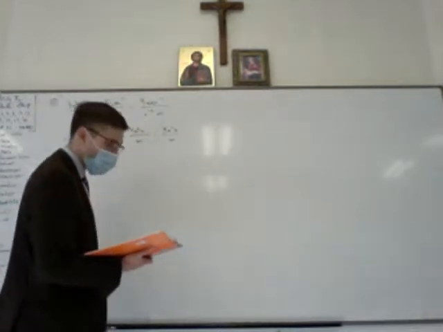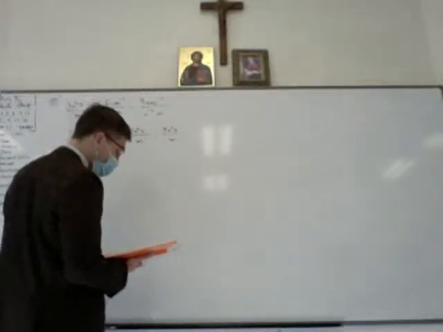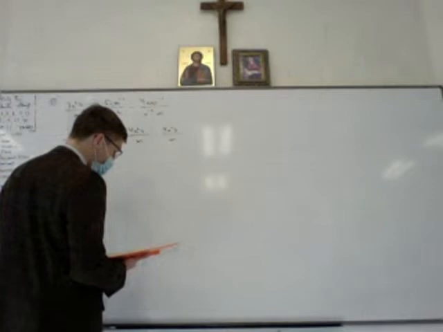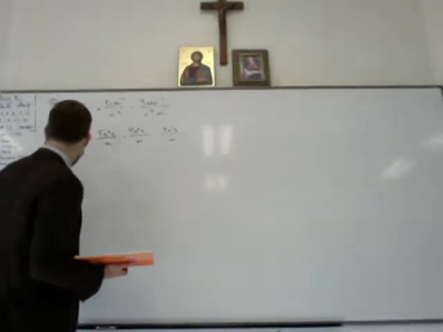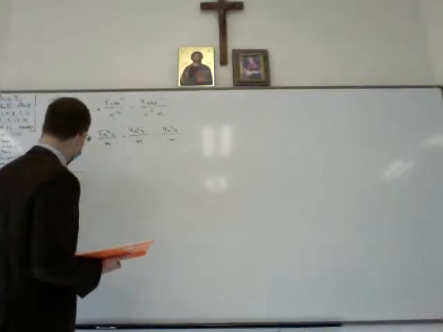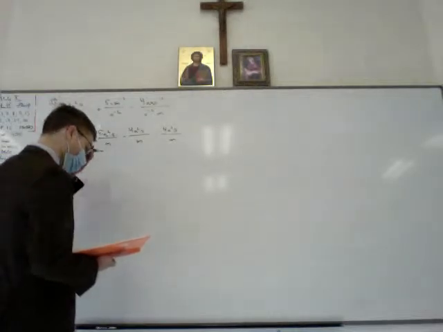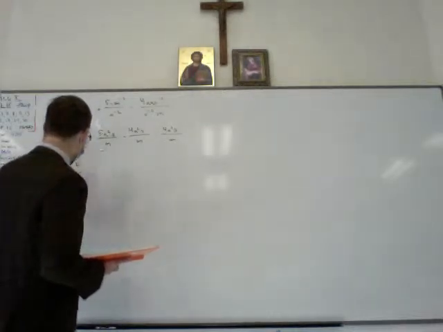I think we should just start by doing that, rewriting with all exponents positive. So what's it going to look like? Negative 3 over x squared, and then y squared on top and x squared on bottom.